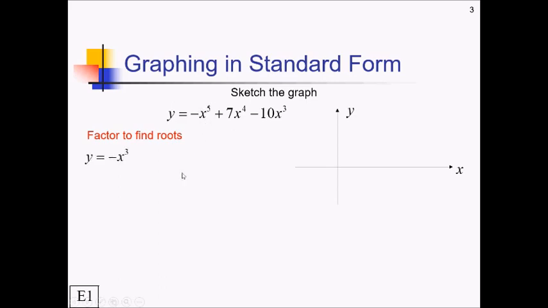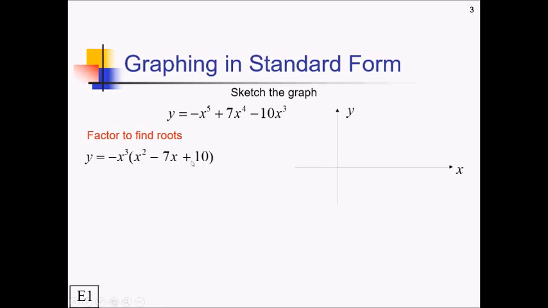So factoring out a negative x cubed, that leaves me with, let's see here, this is going to be now x squared plus, actually minus 7x, because x to the fourth divided by x cubed, we're subtracting the exponents. So minus 7x. And then negative 10x cubed divided by negative x cubed, that gives us plus 10.